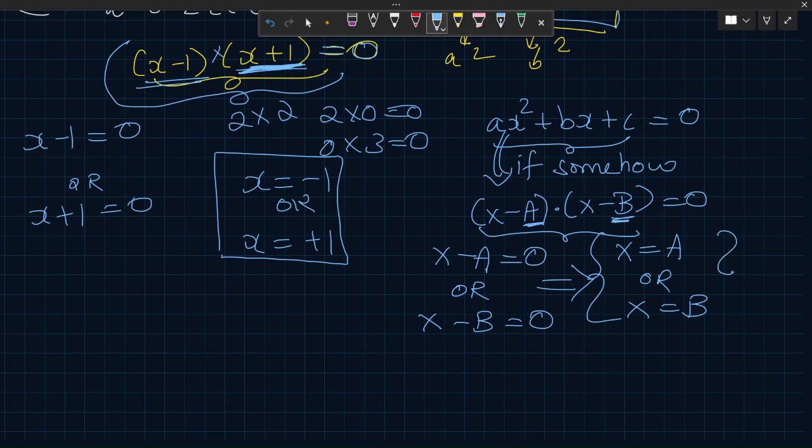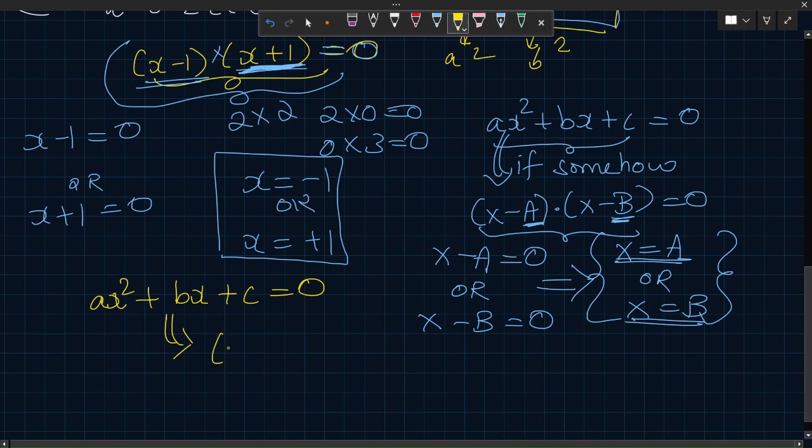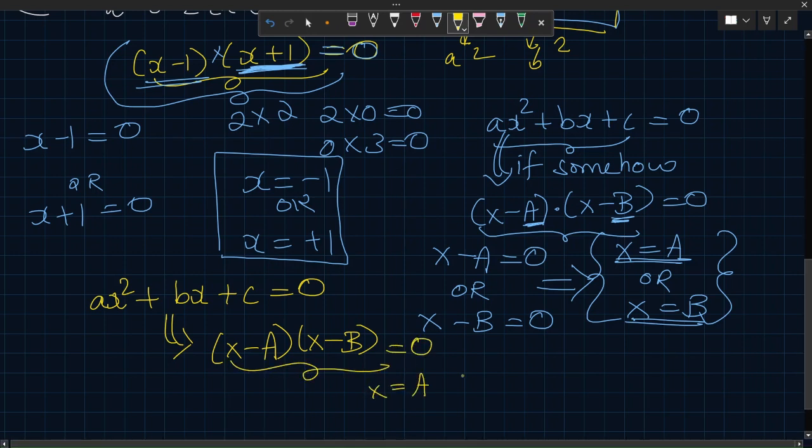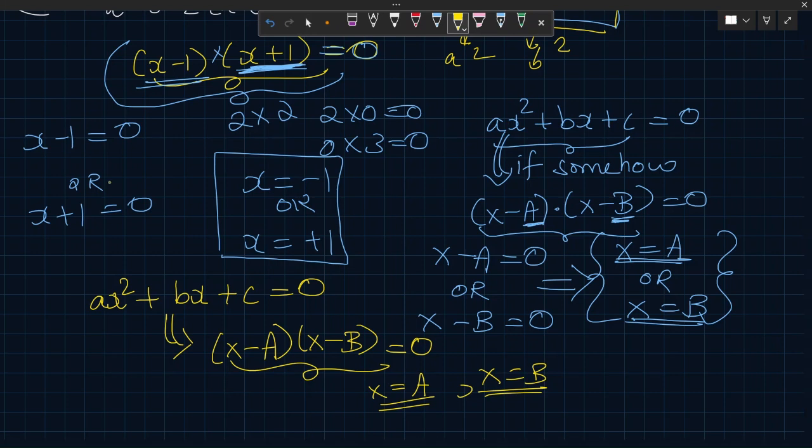Which means x equal to A is a solution to the quadratic equation and x equal to B is a solution to this quadratic equation. So if ax squared plus bx plus c equal to 0 can be rewritten as x minus some value A multiplied by x minus some value B equals 0, then we can directly say that x equal to A is a solution of the quadratic equation and x equal to B is also a solution of the quadratic equation.